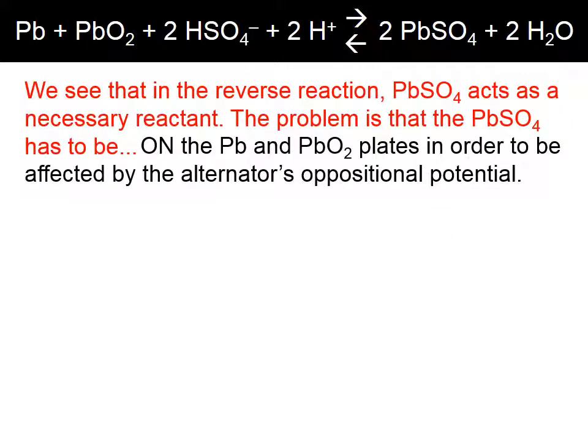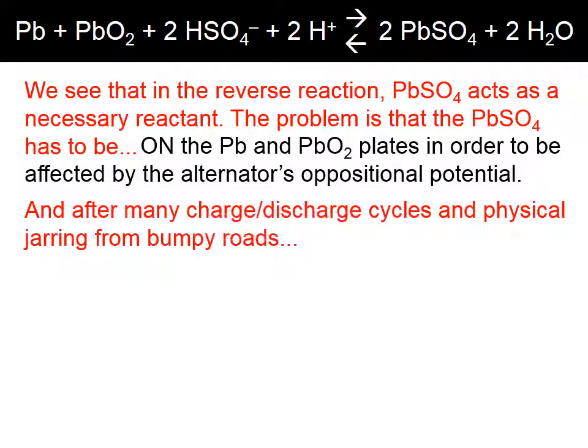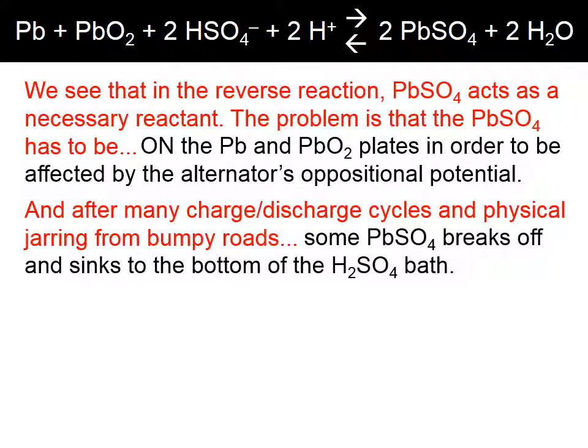The problem is that the lead 2 sulfate has to be on the lead and the lead 4 oxide plates in order to be affected by the alternator's oppositional potential. In other words, if for some reason that solid lead 2 sulfate breaks off and sloughs off the plate and sinks to the bottom, then it can't be part of the reaction anymore.